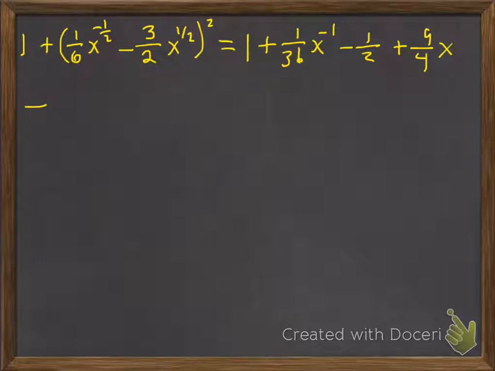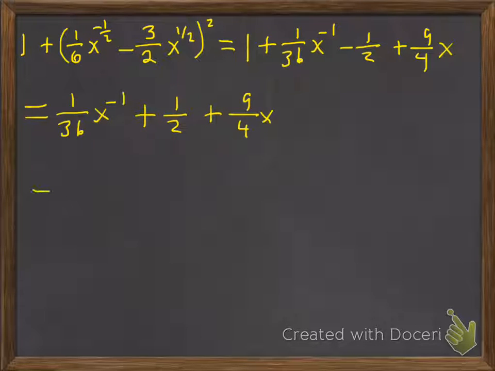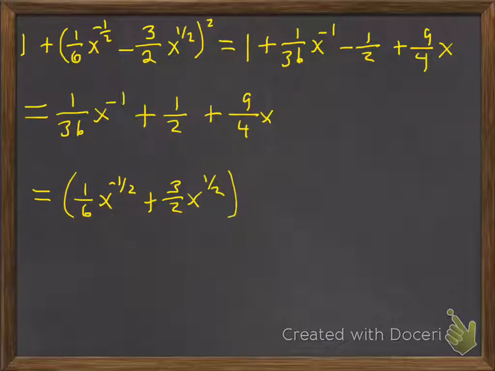And what we'll do is rewrite this as 1 over 36 x to the minus 1 plus 1/2 plus 9 over 4 x to the first power, and this is actually a perfect square trinomial, so we can factor it, and it'll be 1/6 x to the minus 1/2 plus 3 over 2 x to the positive 1/2. You can FOIL this out and verify that is the case. So again, this particular problem is specially rigged so that we can find the surface of revolution.